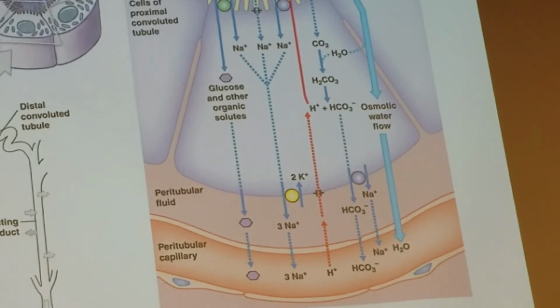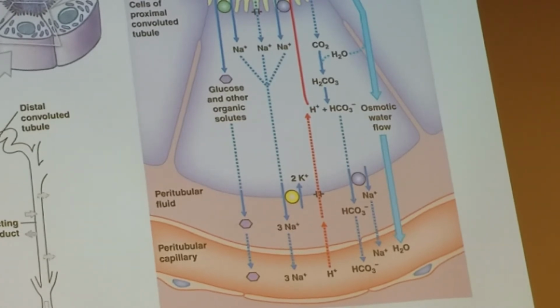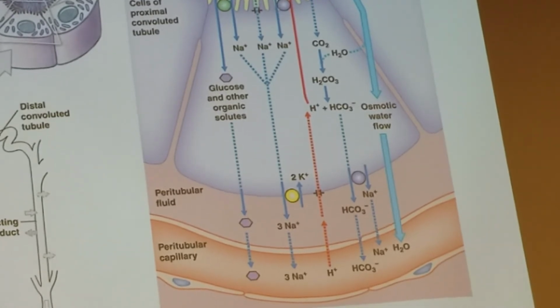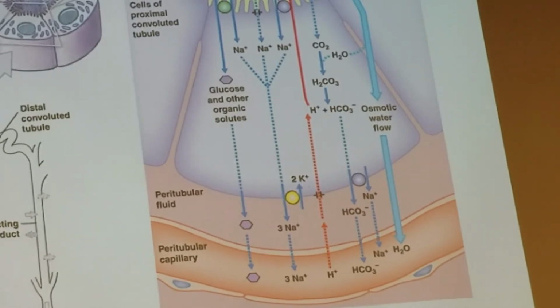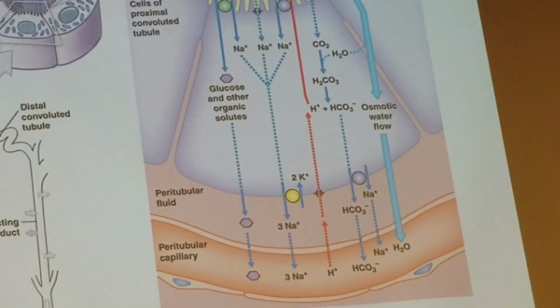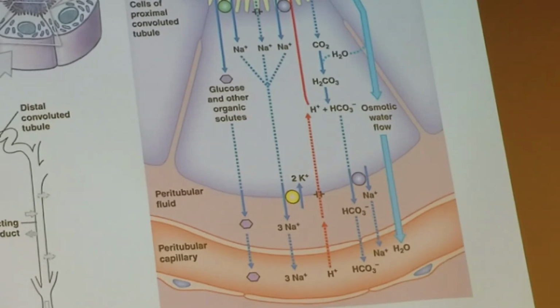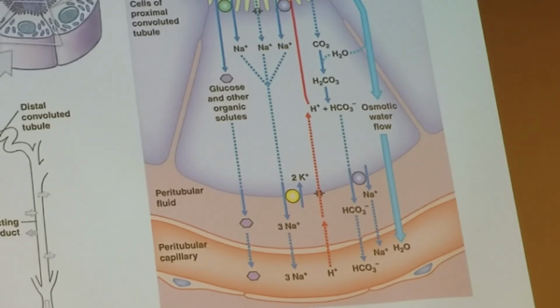All right? If the concentration goes up, that means the concentration gradient goes up. That means it's easier for whatever is in there to diffuse into the cell. So as I pull water out into the cell, the concentration of glucose increases, which means it's more likely to diffuse into the cell. The same thing for potassium ions, calcium ions, magnesium, amino acids.